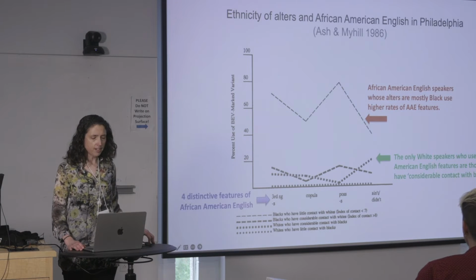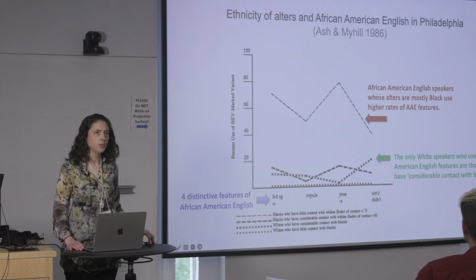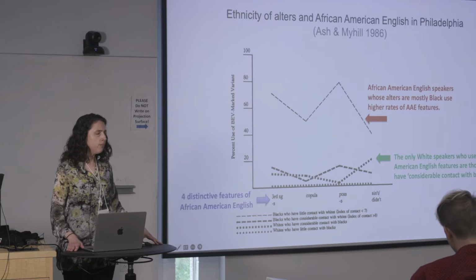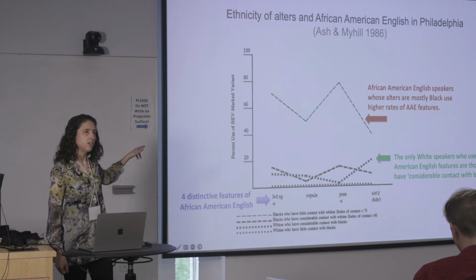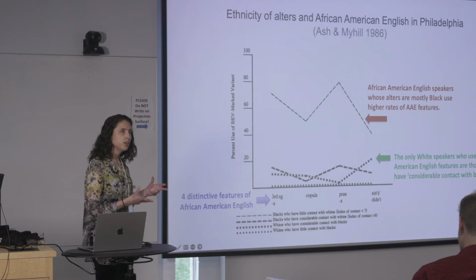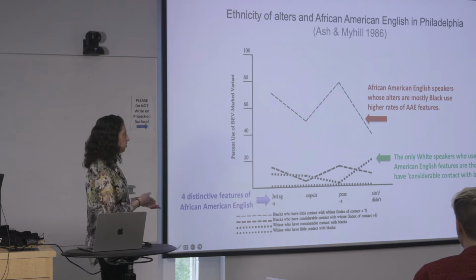This was a study done in Philadelphia. It was only about 30 participants, but again, that's pretty normal. And what you have on the x-axis is 4 kind of like distinctive or diagnostic features of African American English, and the y-axis just means you do it more.